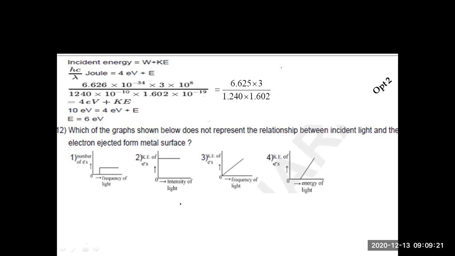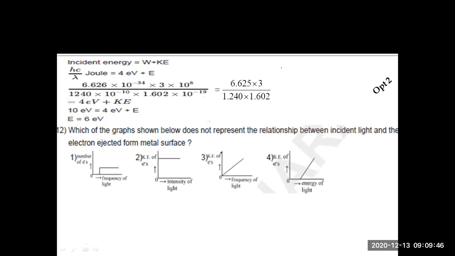See, let us find how exactly the photoelectric effect takes place. It is the phenomenon of ejection of electrons from a metal surface when radiation of suitable frequency is incident on the metal surface, correct? With a wrong frequency incident on the metal surface, electrons may not be removed. A suitable frequency is required, that is the threshold frequency.